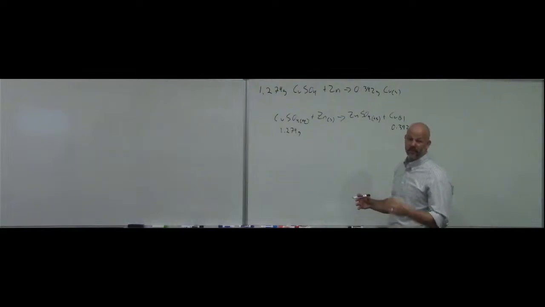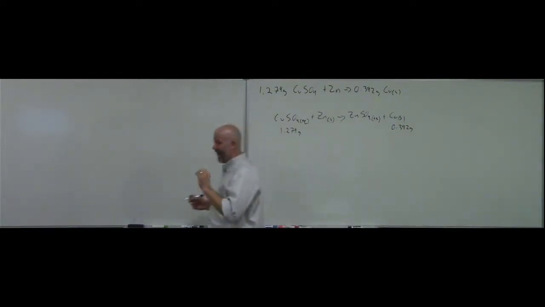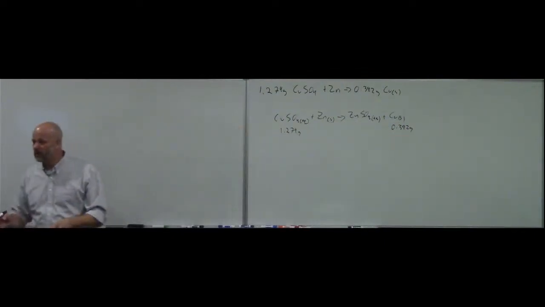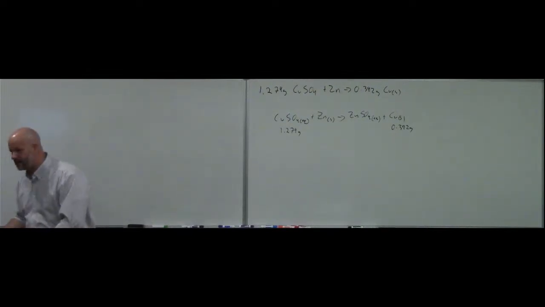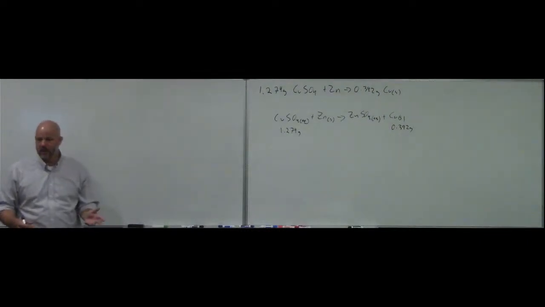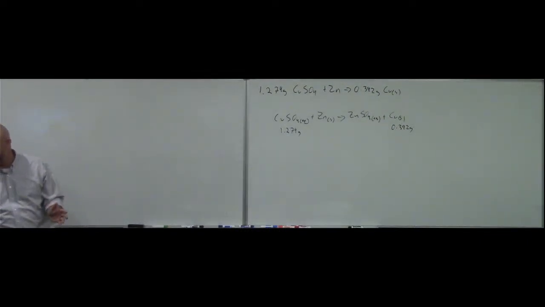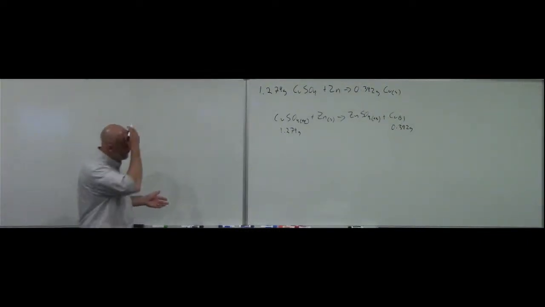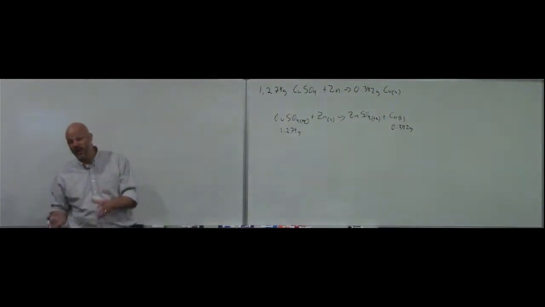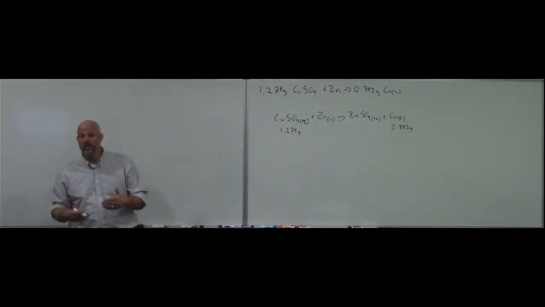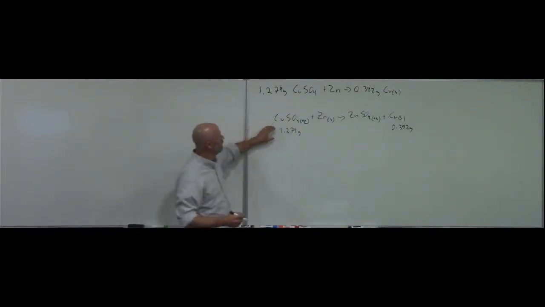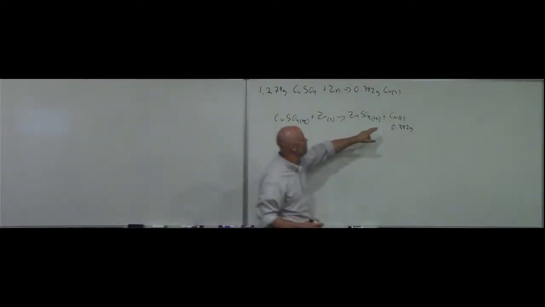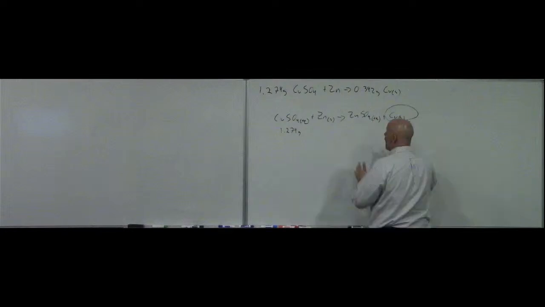In a perfect world, if every single atom reacted the way it was supposed to, and I didn't drop any, and I measured everything perfectly, this is what I ought to get. But then you go into the lab and you do stuff and you're off by quite a bit. And that's pretty normal. So we're going, hey, this is what we should have had, this is what we did get. What's our percent yield, okay? So first thing we want to do is figure out how much we should get. What's our hypothetical yield, okay?